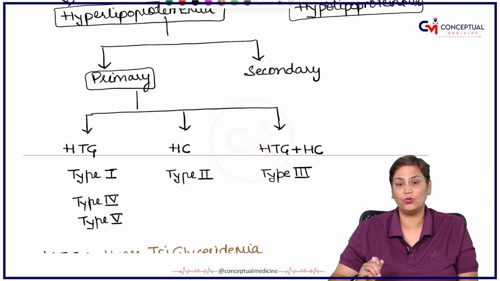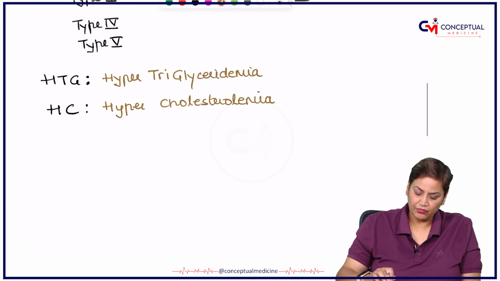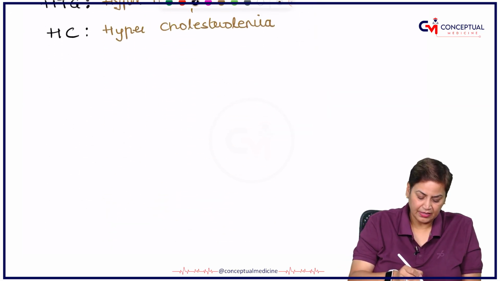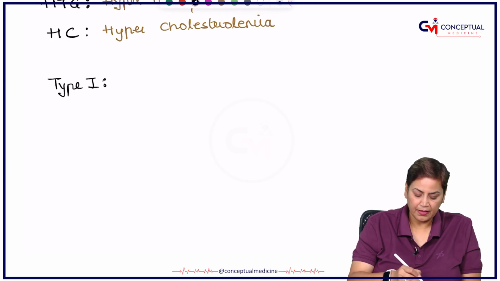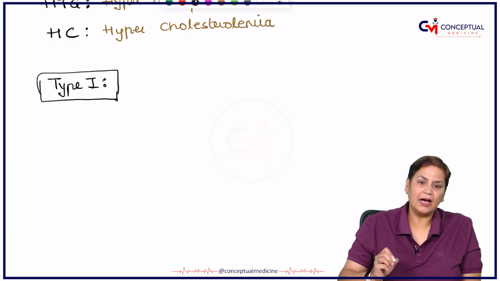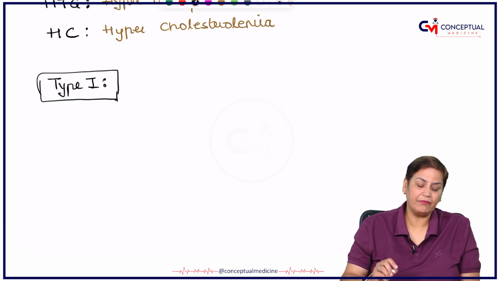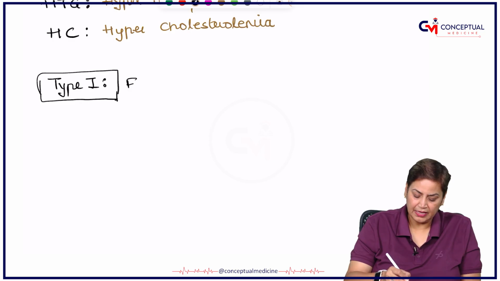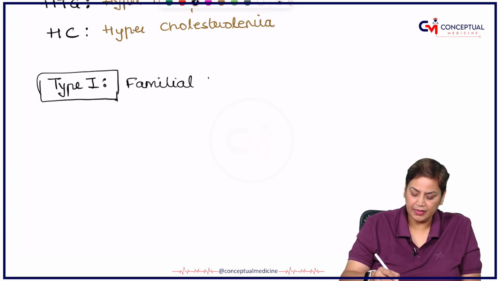That is what we are going to discuss in this video. So first of all, let's start with type 1. The other name of this type 1 is familial hypertriglyceridemia.